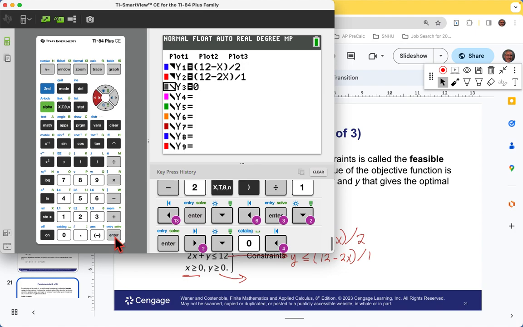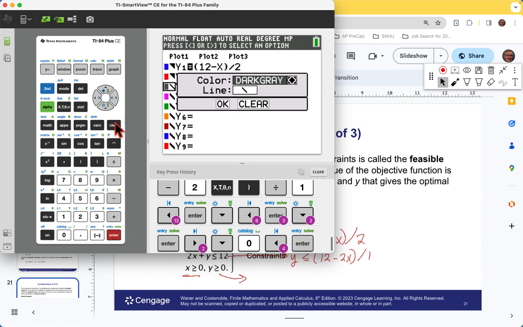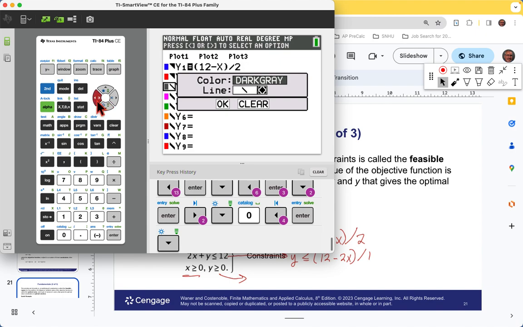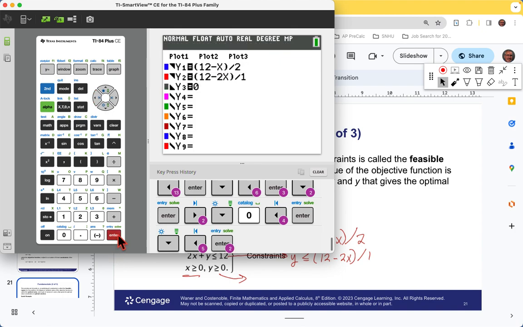So that's enter, I want to shade below the line. That's what I want. And again, with the colors, you could have the different colors. The nice part is you're going to see the white part that's left is our solution set because we're doing it this way. We're doing it backwards, how most textbooks would ever teach you to do this.